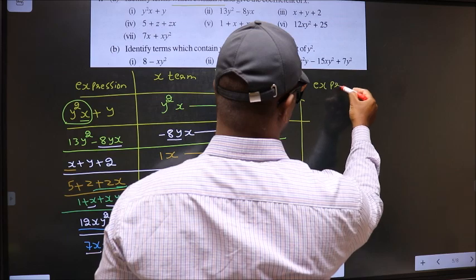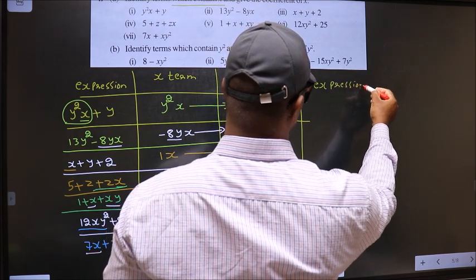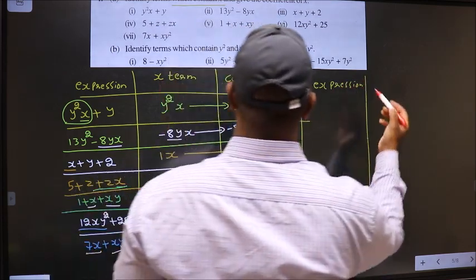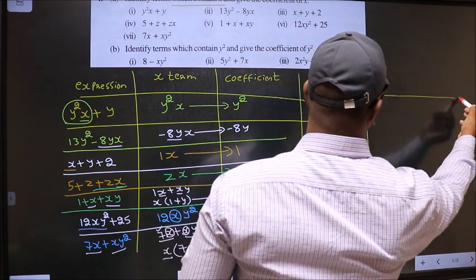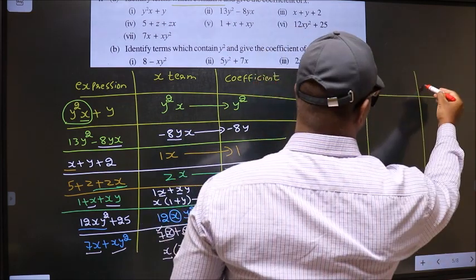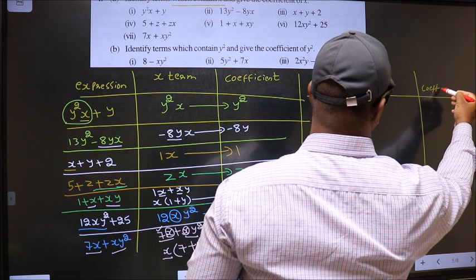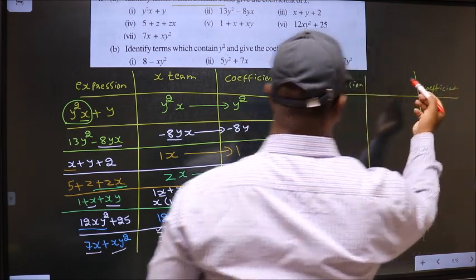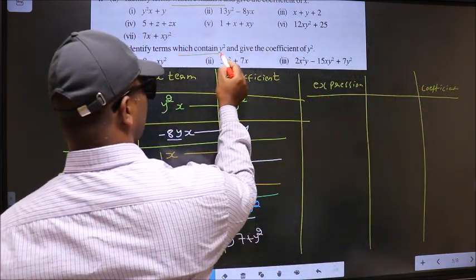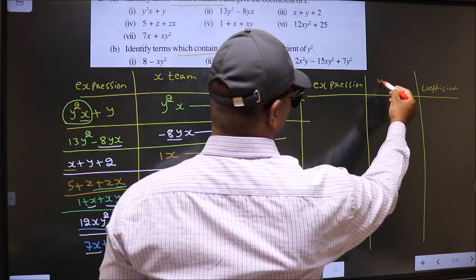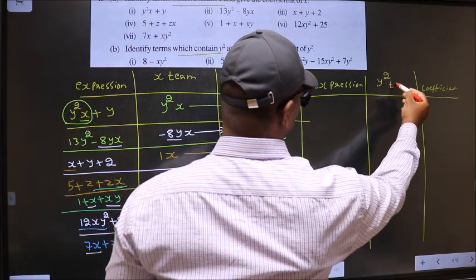Expression, here it is coefficient, and here we should write which contains y square. That means the y square term is what we need to write.